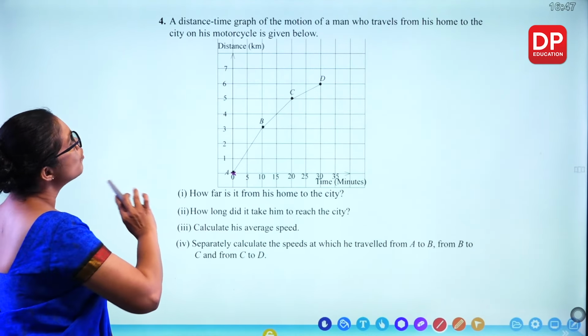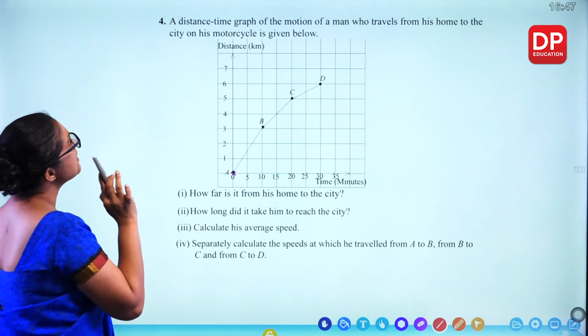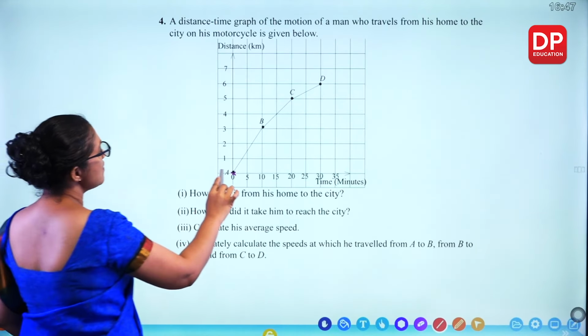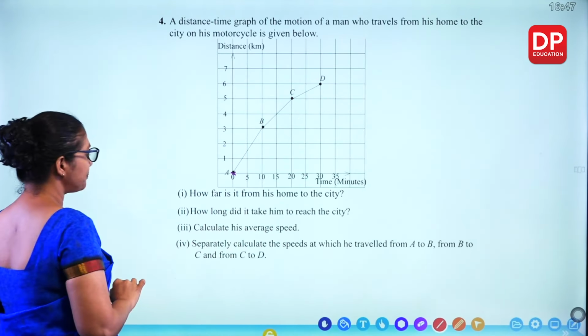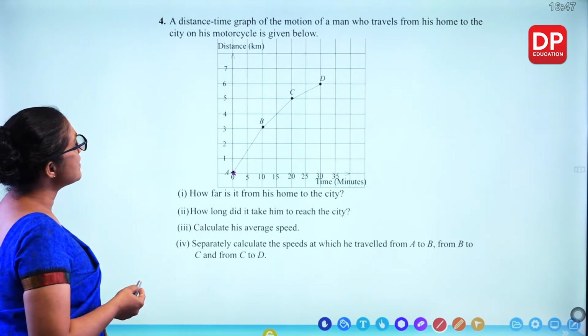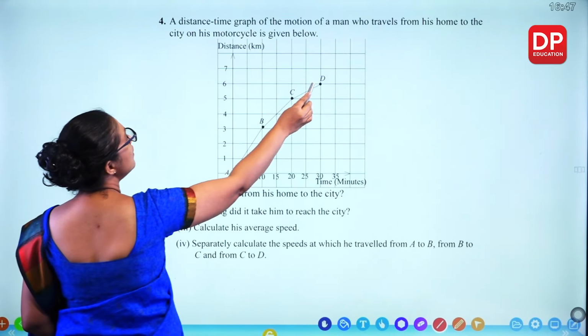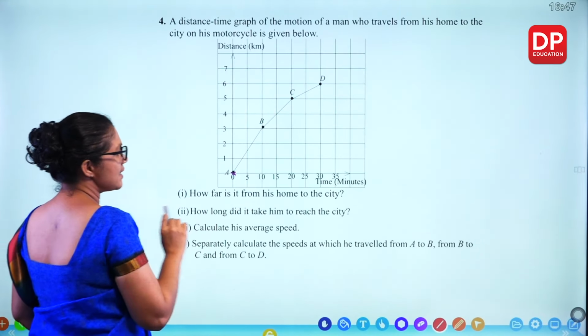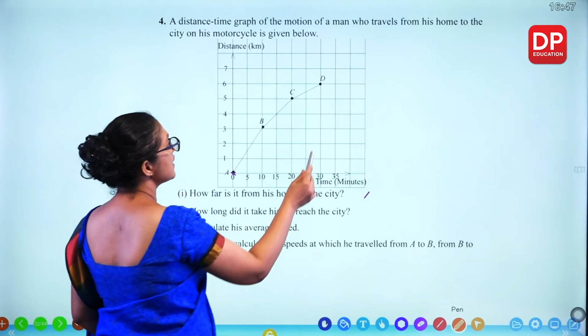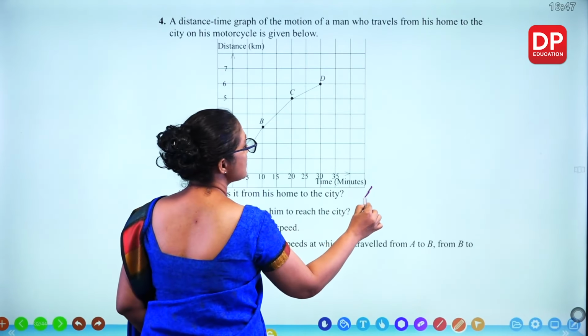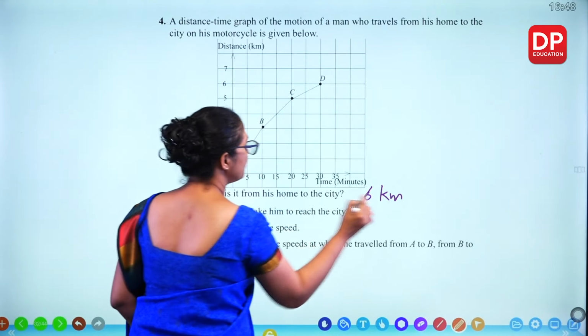So the full journey is to go to the city. So that means here to D. So what's the total distance? Look at this point, 6 kilometers. So we can take the total distance is 6 kilometers.